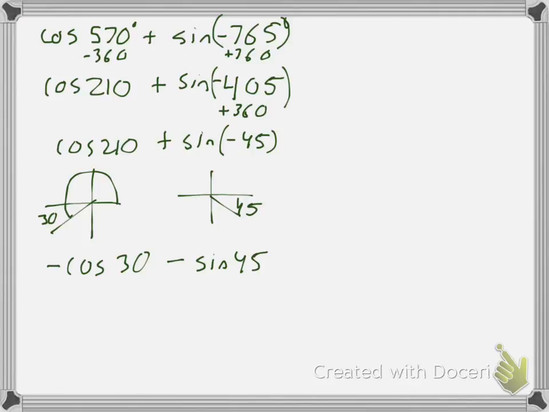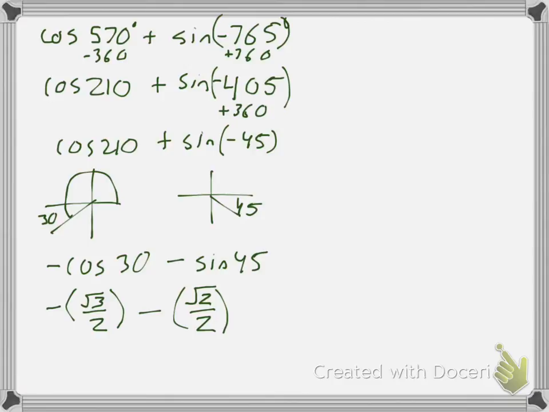And now you can pull out your reference triangles and evaluate. What's the cosine of 30? It's a negative square root of 3 over 2, minus sine of 45, which is 1 over root 2, or square root of 2 over 2.